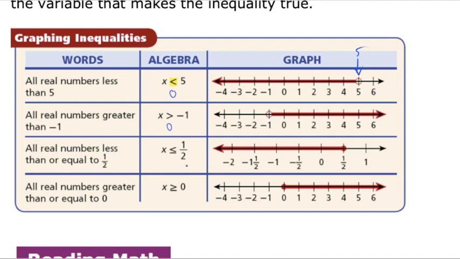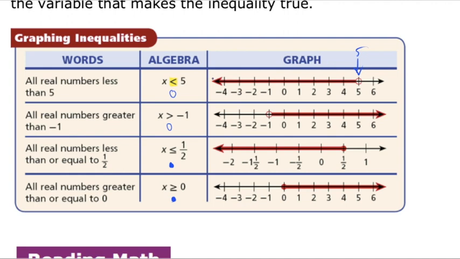On the other two, when we have the or equal to, you notice that we have a filled in circle because we're saying it actually could equal that number as well. That dot is basically putting a dot on the line saying this is an answer as well. So an open circle means it doesn't equal it, and a closed circle means it's included in the answer.